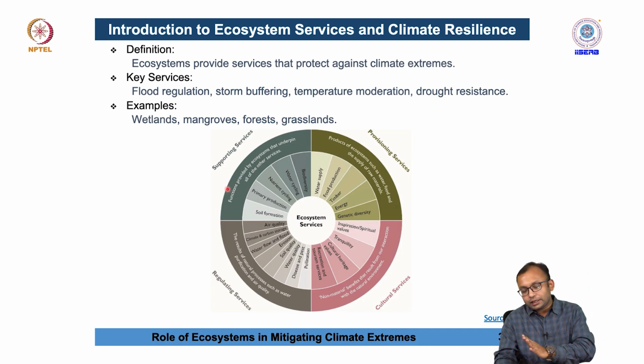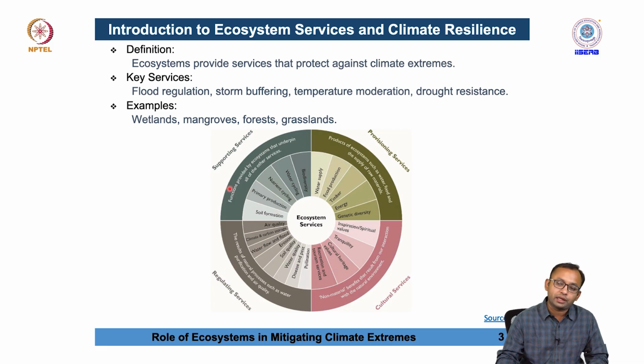In the next lecture this week, we primarily talked about ecosystem and climate resilience, because the ecosystem plays a very critical role in mitigating the negative consequences of climate extremes. The ecosystem provides multiple services. Supporting services include soil formation, primary production, nutrient recycling, water cycling, and biodiversity. Provisioning services include water supply, food production, timber, energy, and genetic diversity.